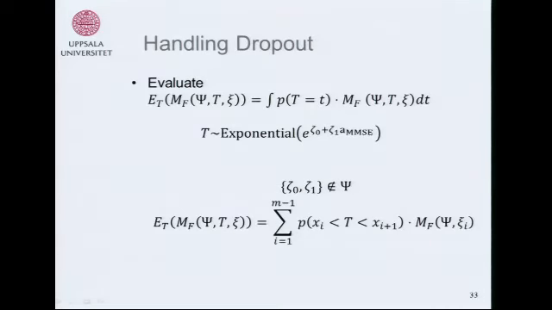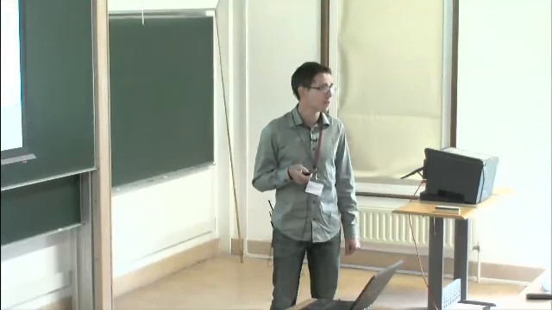To handle the dropout pattern, we have to calculate again the expectation of the Fisher information matrix over this exponential distribution of dropout times. And here we are more or less lucky that the parameters for the dropout function are not contained in the Fisher information matrix.